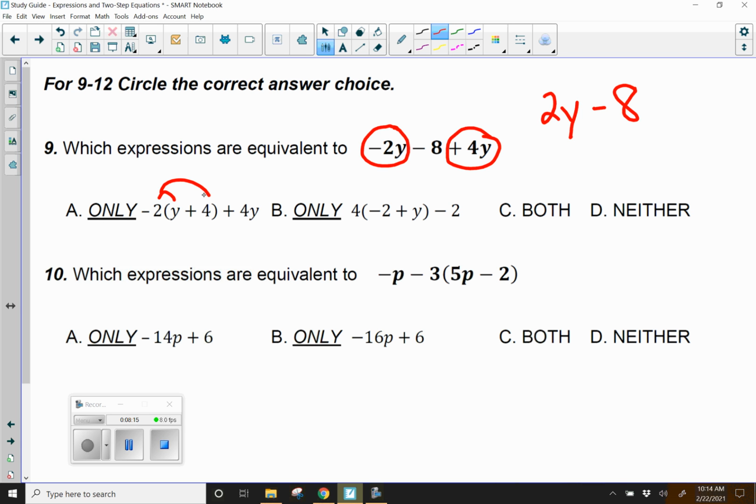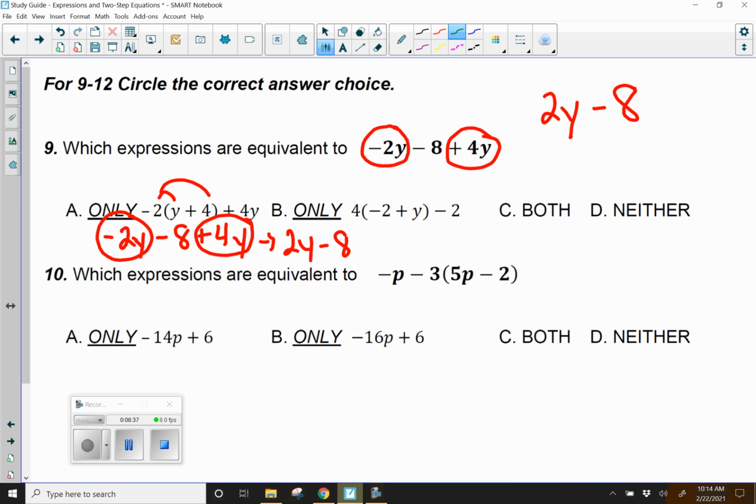Option A, I'm going to distribute. Negative 2 times y is negative 2y, and negative 2 times 4 is negative 8. Plus 4y, and again, when I combine my like terms, that leaves me with 2y minus 8. So A looks good.